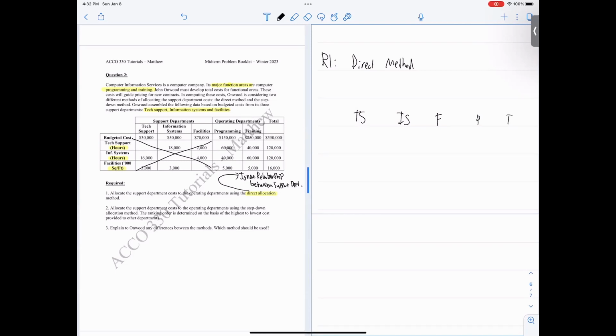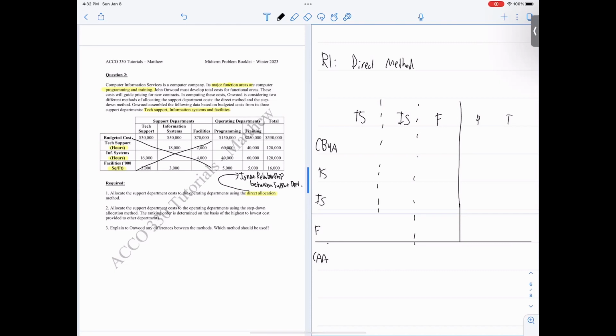Okay. There we go. Now we have our cost before allocation. Then we have tech support, information systems, facilities, cost after allocation. Okay, there we go. Now put a straight line here down the middle. I don't know why that line broke. And we can put little dotted lines in between, indicating the differences between support departments and operating.